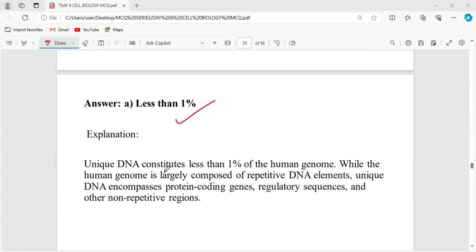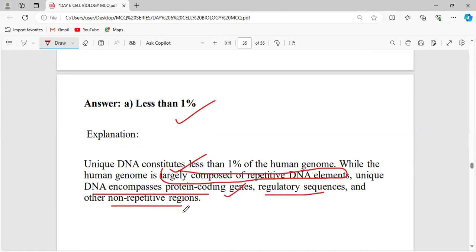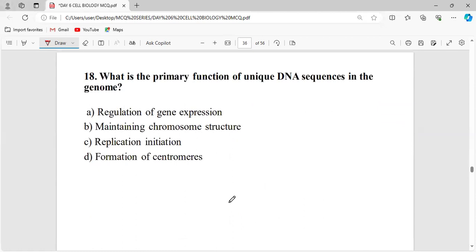Okay, while the human genome is largely composed of repeated DNA elements. Unique DNA encompasses protein coding genes, regulatory genes, and other non-repetitive genes, or everything that comes under unique DNA, and that comprises less than 1%. And what is the primary function of unique DNA sequence in the genome?